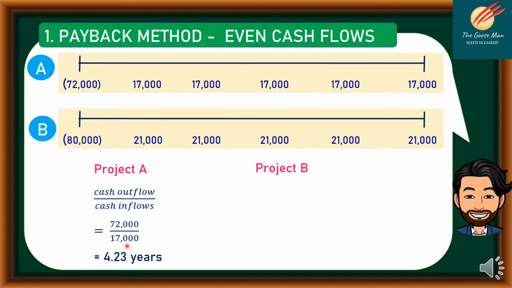For Project B, we have 80,000 pesos divided by 21,000 pesos, so we have 3.81 years. So we can say that Project B is a better investment because we can recover our investment in 3.81 years rather than Project A, which is 4.23 years.